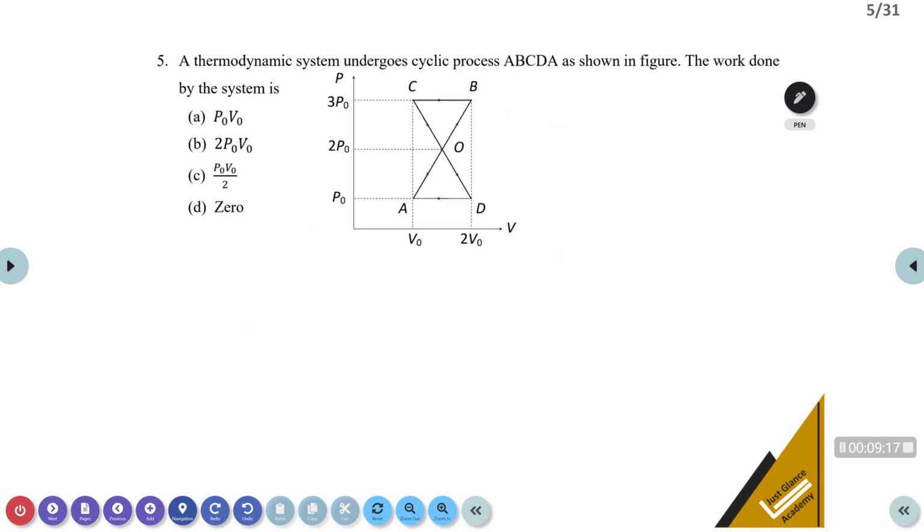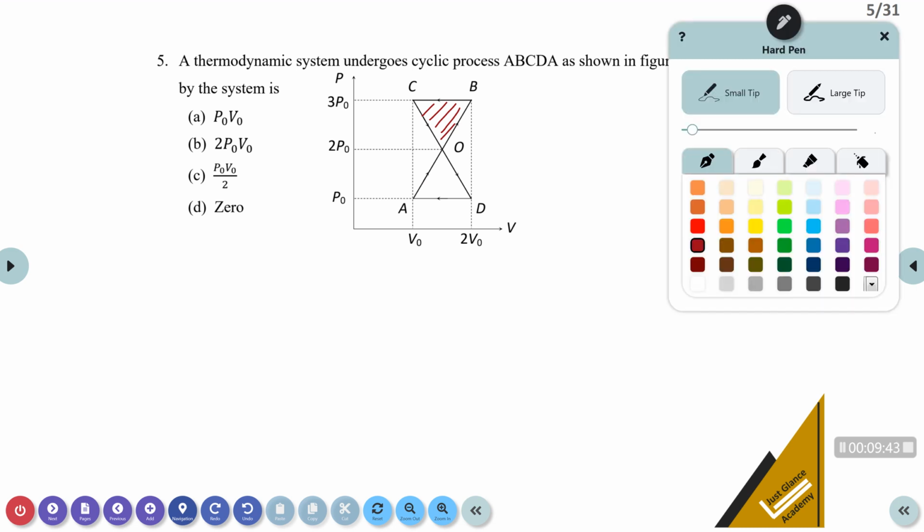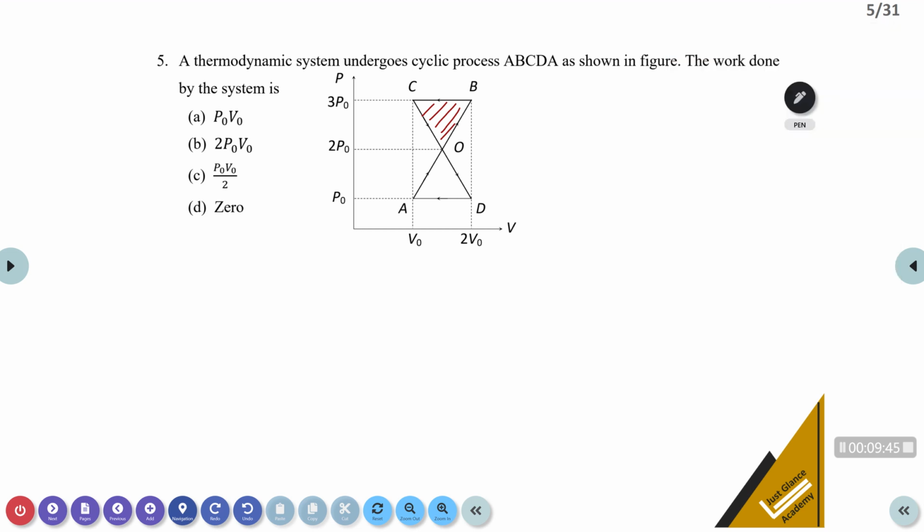Next. A thermodynamic system undergoes a cyclic process A, B, C, D, A. So like this: A to B, B to C, C to D, and then back to A. In this part it goes in the anti-clockwise direction, and in this part it is in the clockwise direction.